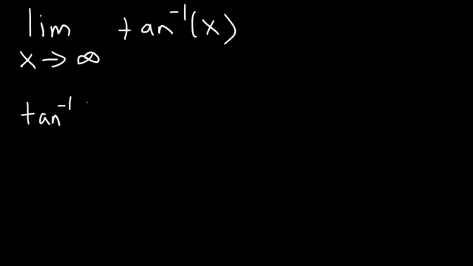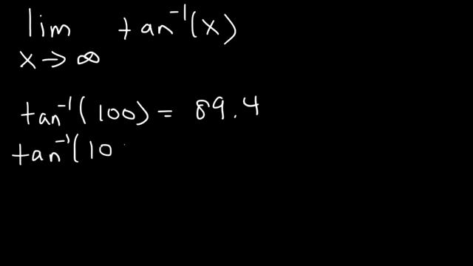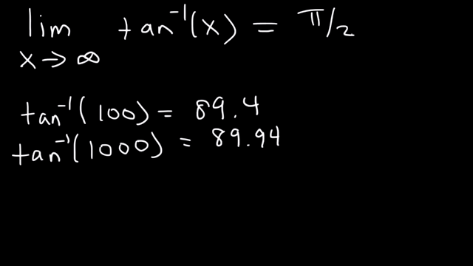So if we plug in arctan of 100, this is 89.4. Now if we plug in arctan of 1,000, this is 89.94. Notice that it gets closer and closer to 90. So this is equal to 90 degrees, or in radians, pi over 2.